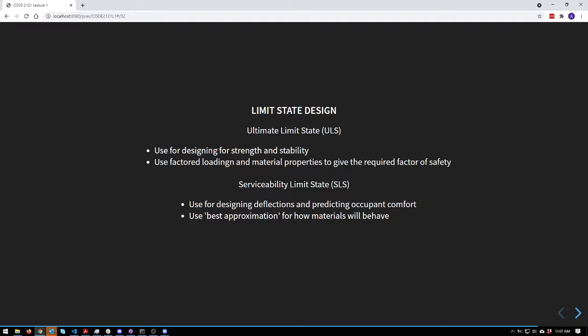So if you're standing at the top of a 30-story tower and it's swaying, that person is actually uncomfortable in that tower, and generally the engineers have to over-stiffen that tower, not just for safety's sake, but also people's comfort. And generally when that happens, you use the best approximation for how materials will behave rather than an exact approximation.